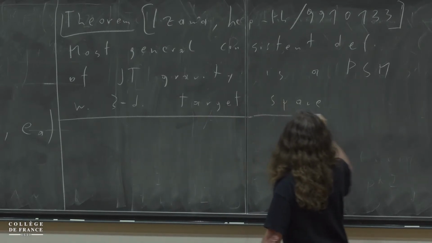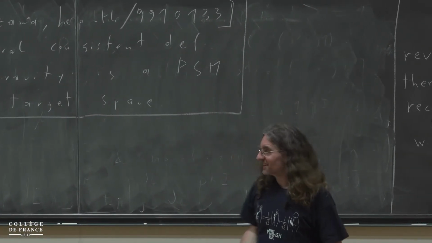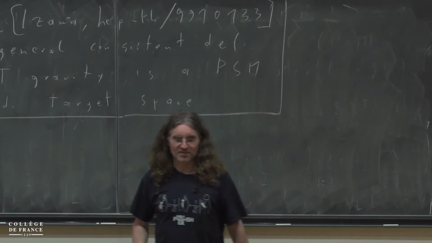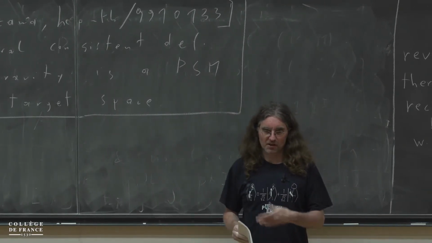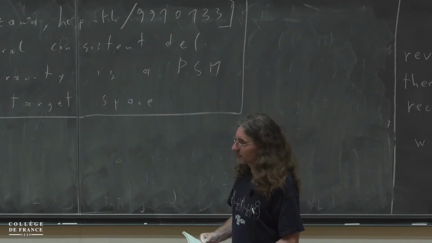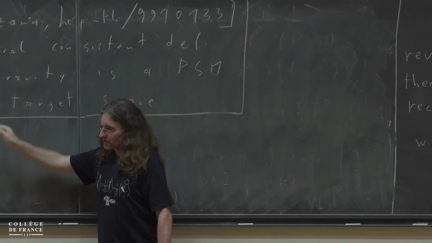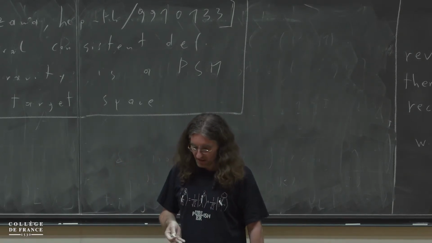So that's almost the statement we want, but it's not quite sufficient. The problem is not every Poisson-Sigma model has a gravity interpretation. So that goes back to Bart's question, what about the gauge symmetries? How can we interpret them geometrically? And in particular, what can happen is that you lose the interpretation of one of the components of a connection as a spin connection.